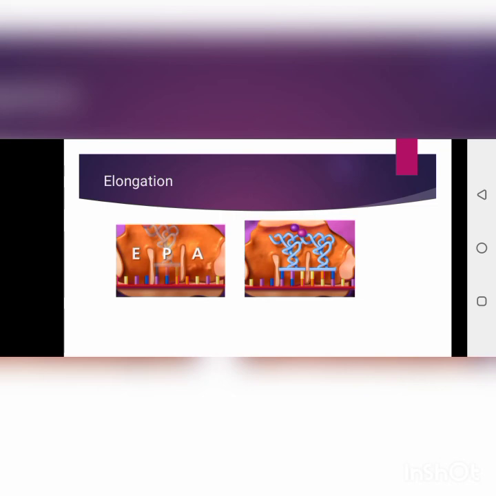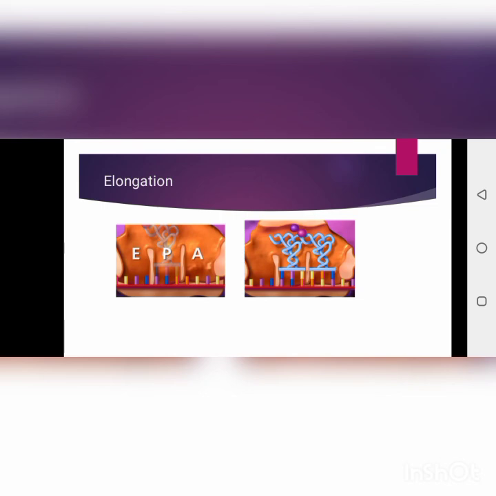During elongation, individual amino acids are brought to the messenger RNA strand by transfer RNA molecules. A charged transfer RNA molecule binds to the A site and a peptide bond forms between its amino acid and the one attached to the transfer RNA molecule at P site.